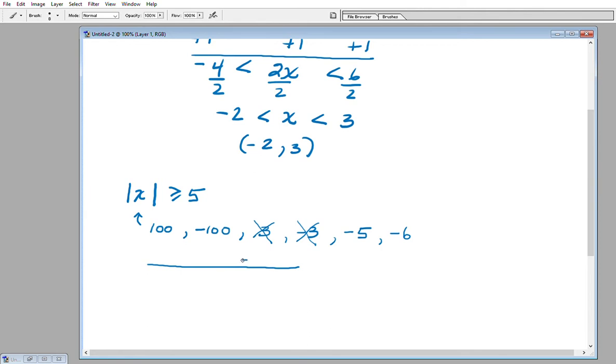Okay. It's going to include 5, certainly include 5 and numbers bigger than 5. And on the other side, it's going to include minus 5 and numbers to the left. Like in here somewhere we have minus 100. All right. So opening this up, we would say x less than or equal to minus 5, or x greater than or equal to 5.